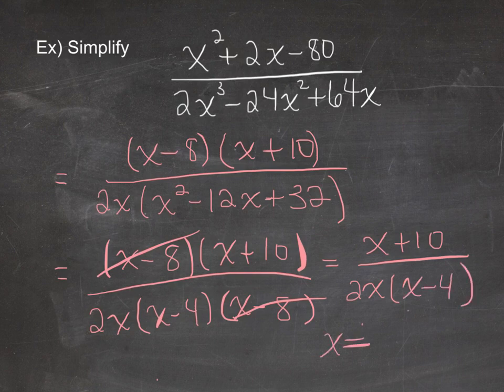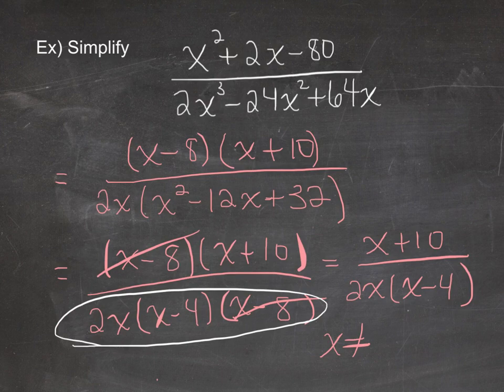And as long as x is not equal to, so I'm going to go back to before I canceled anything out, to the factored expressions here. So x can't be, well, 0 would be bad for 2 times 0, so it can't be 0, can't be 4, and it can't be 8. Okay, so whatever would make the denominator 0 wouldn't work.